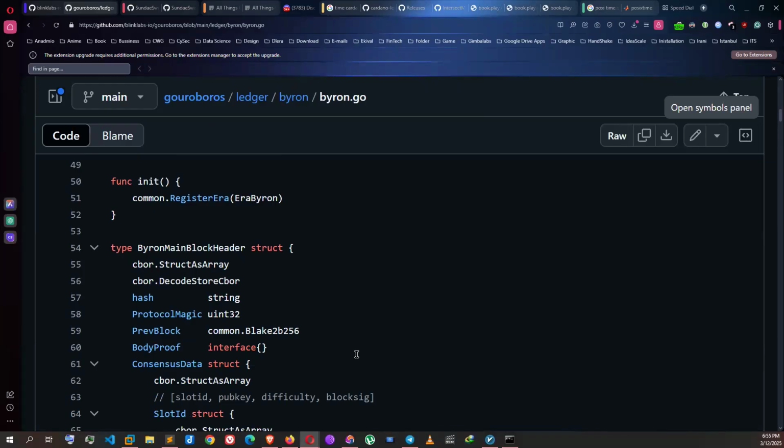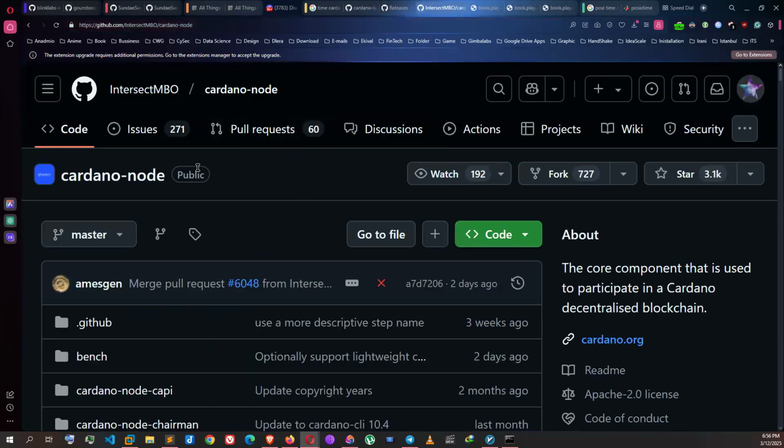It's the one that generates those boxes and puts the data inside these boxes we call blocks, in the correct format. And by correct format, I mean the one which is compatible with Cardano node, so that it can read it, understand it, and verify it.